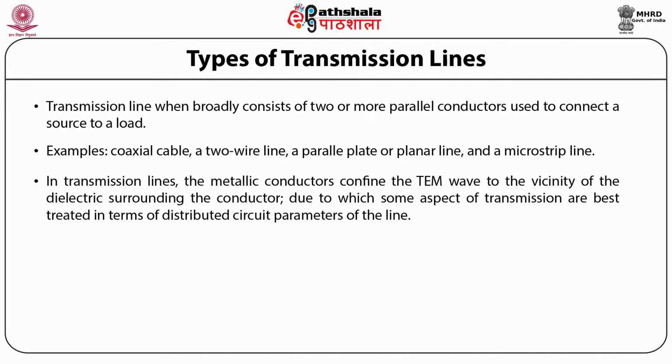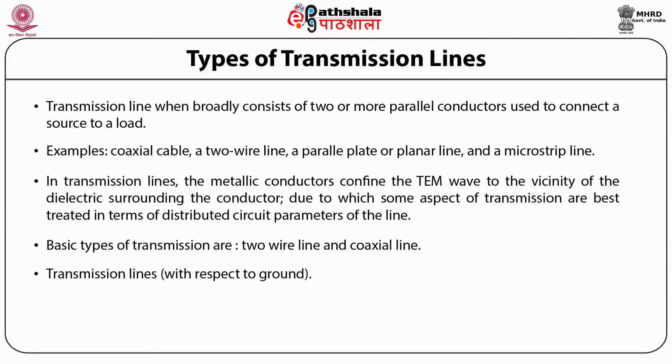In a transmission line, the metallic conductors confine the TEM wave to the vicinity of the dielectric surrounding the conductor, due to which some aspects of the transmission are best treated in terms of distributed circuit parameters of the line. Basic types of transmission lines are the two-wire line and the coaxial line. Transmission lines with respect to ground may be categorized as balanced, that is the two-wire line, and unbalanced, or the coaxial line.